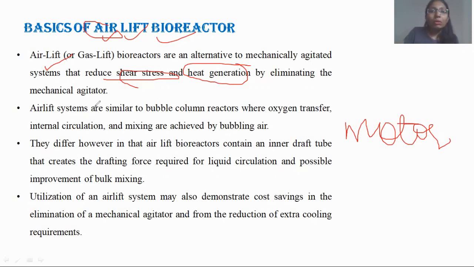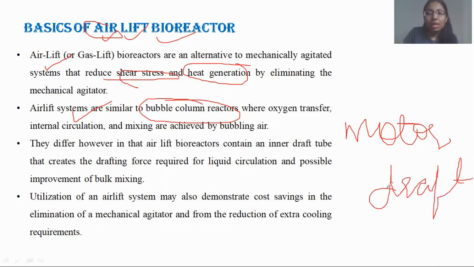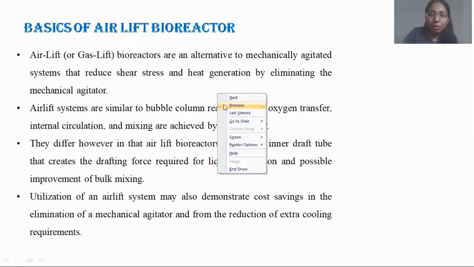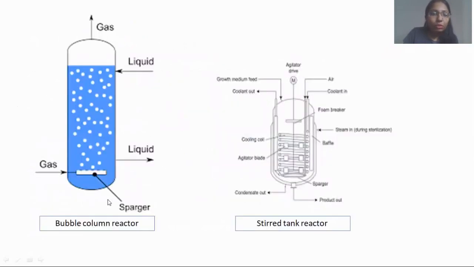Now this airlift system is similar to bubble column reactors, but there is a little bit of difference. There is a concept of a draft tube, which we will see in further slides, which is not there in the bubble column reactor. Let's see first the example of the bubble column. You see, this is the bubble column and this is the sparger.